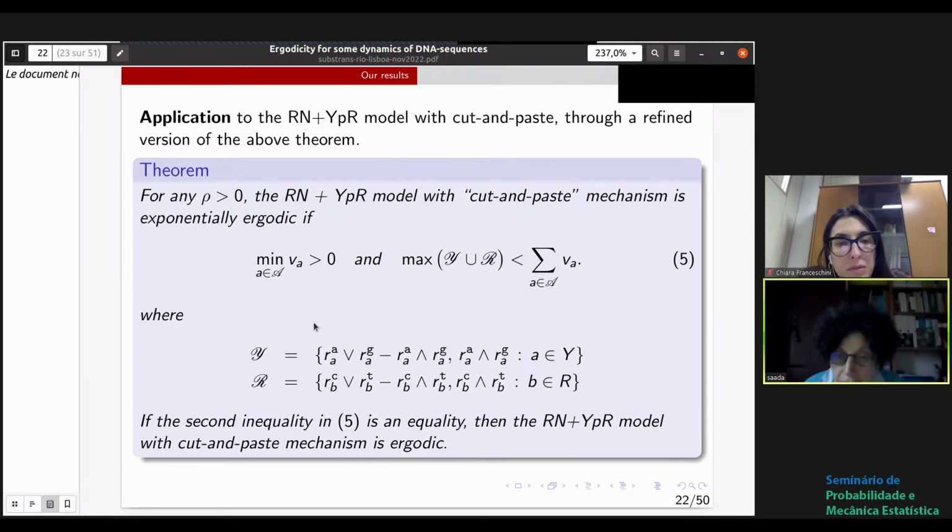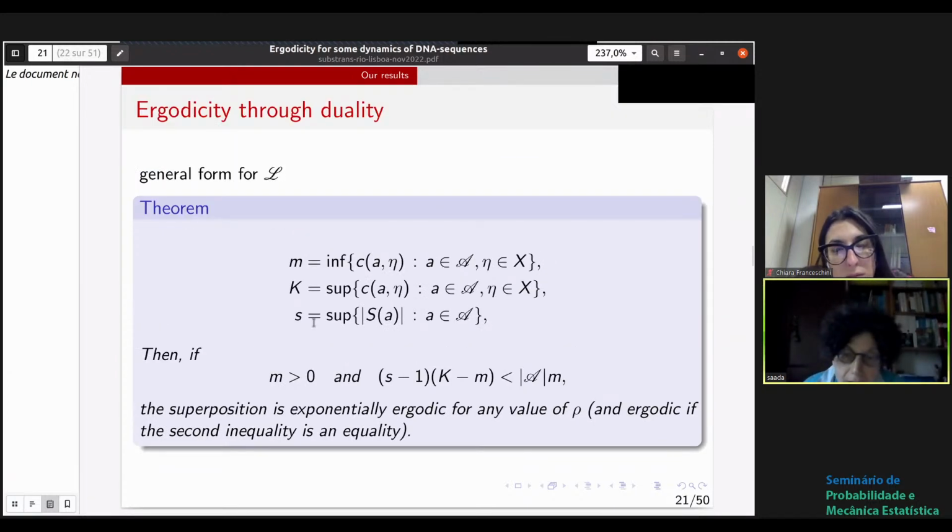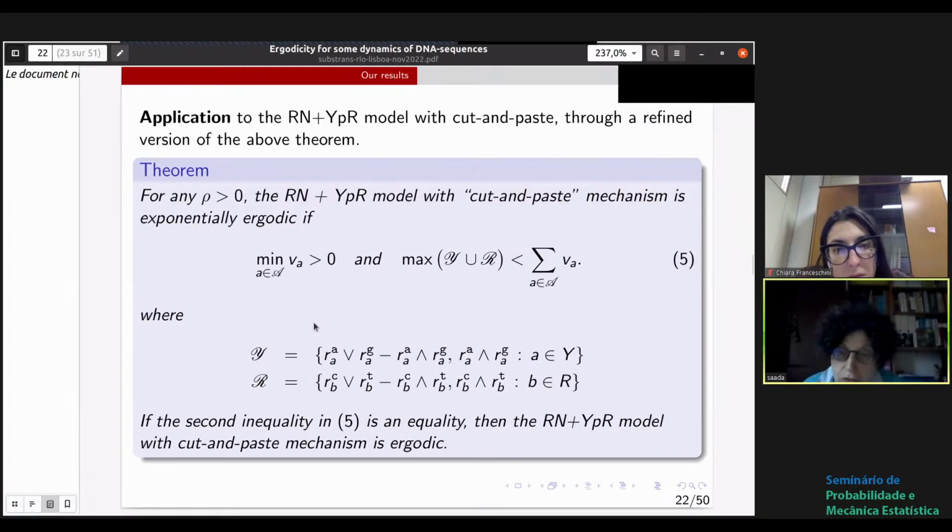So if you remember before, on the right we had A times M. So the sum is for this capital A, and M was the minimal rate. And here you see we have the sum of the V's. And you see that there is no W. So this is the little improvement we have.